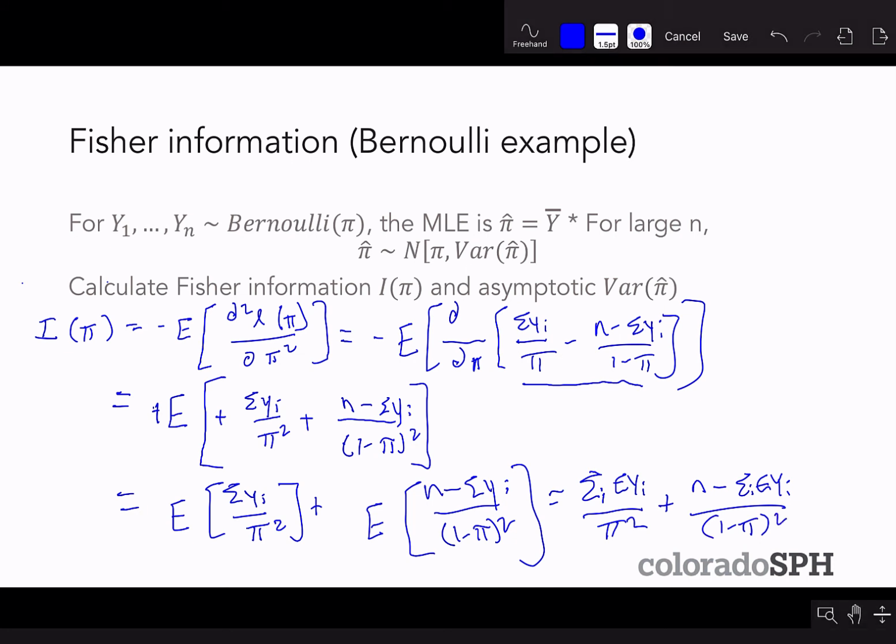And because this is a Bernoulli distribution, we know that the expectation of yi is equal to pi. So you can plug in a pi there, and a pi there.